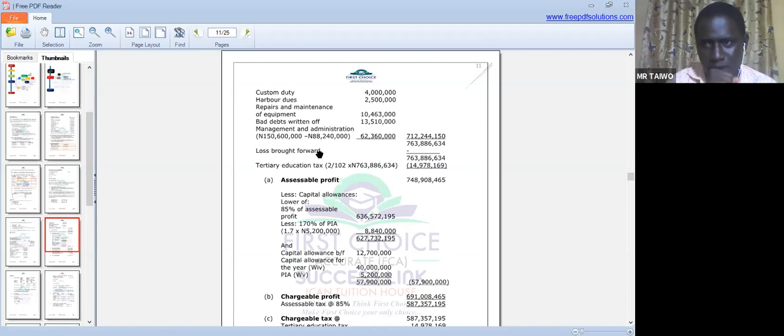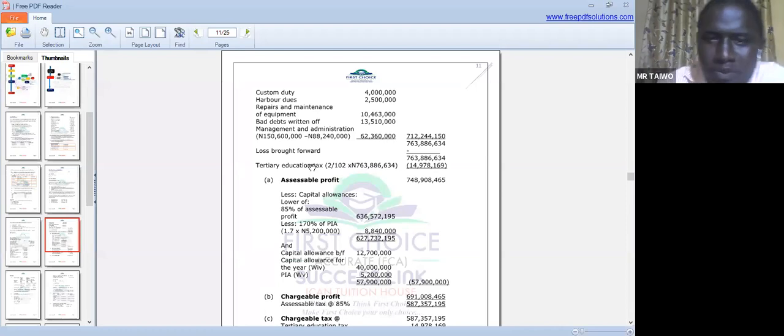In your current pack, there are contradictions. About 4 questions they put there, there is a way they treated this tertiary education tax that makes it confusing. But the one I want you to adopt is one of the ones they use in there, which we also see in their question. Are you getting me now?